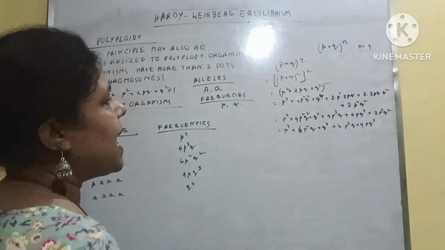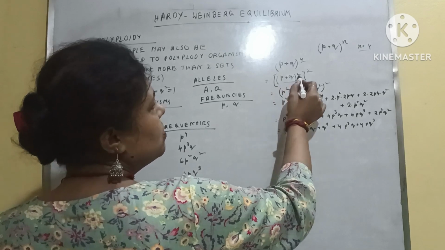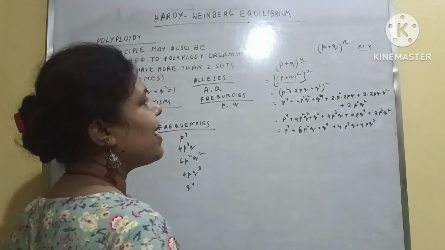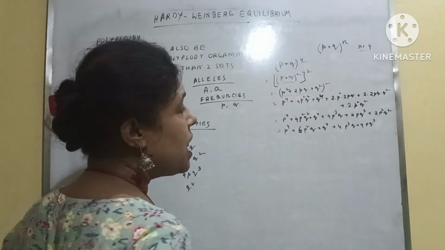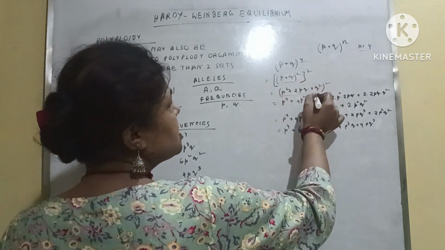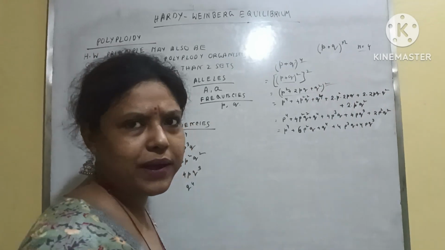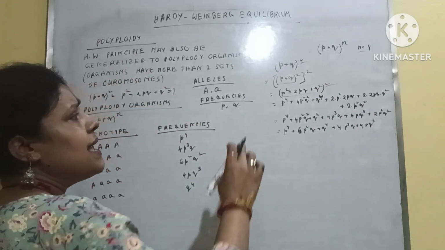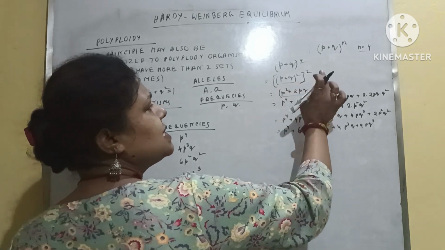Now you can see that (p plus q) whole square is there, so you can write the formula of the whole square. But after that you can see this also has a whole square. So you just follow the formula (a plus b plus c) whole square.